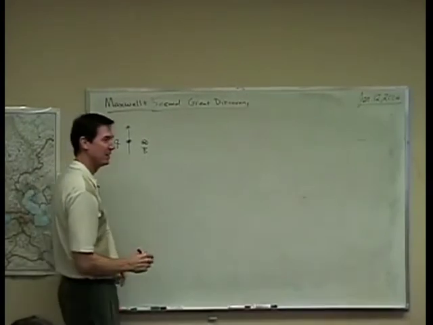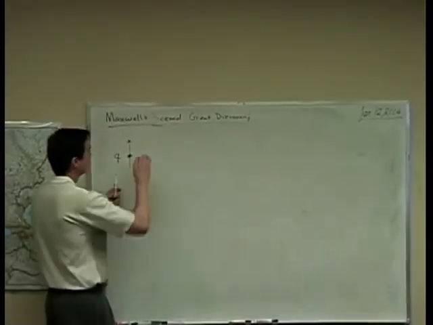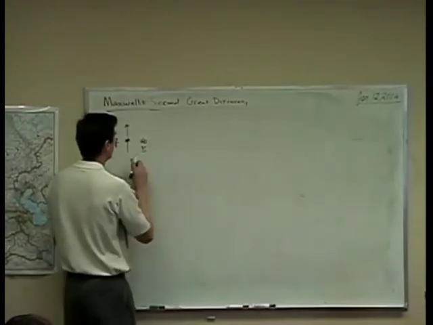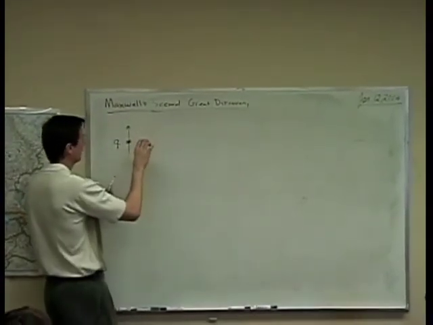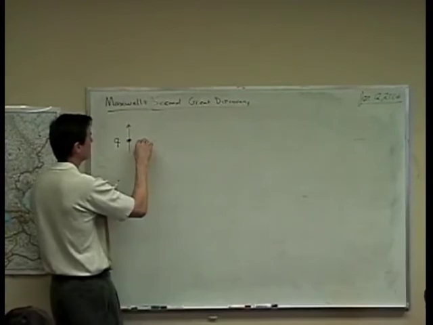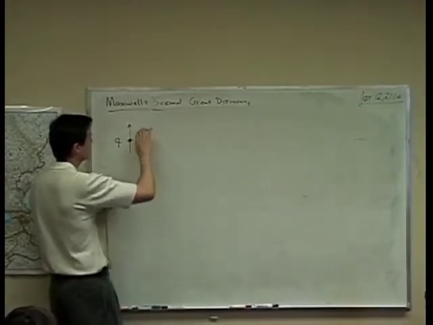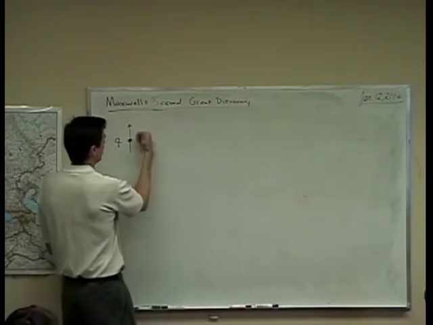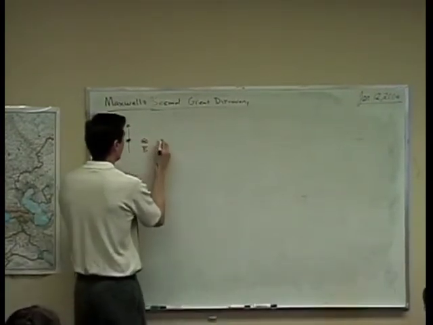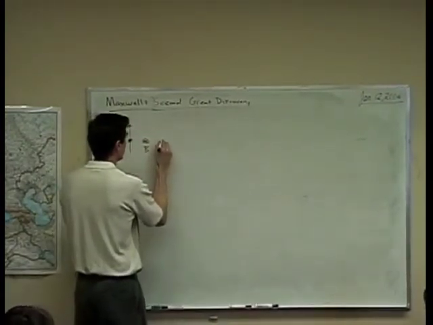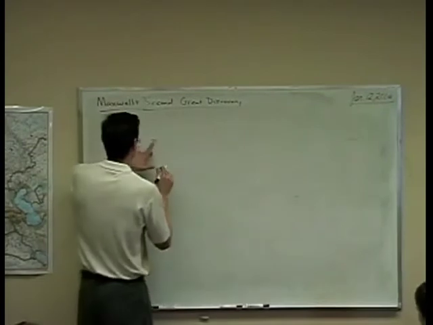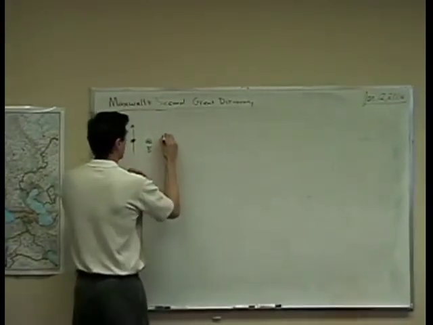So a circulating E field, the way I've drawn it, increasing the flux into the board here, the E field would generate to oppose that. You would actually get an E field, say, over here, pointing up.